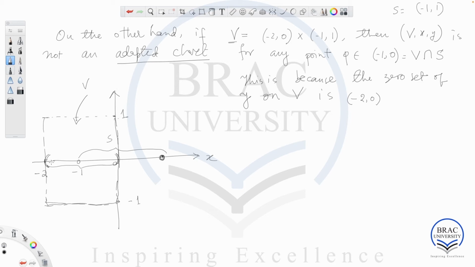Okay, see that if I pick up any other point from this open square V, the y coordinate will not vanish identically. Only on this set, this is the maximal set on which this y coordinate vanishes identically, and this is not equal to V intersected with S, right?